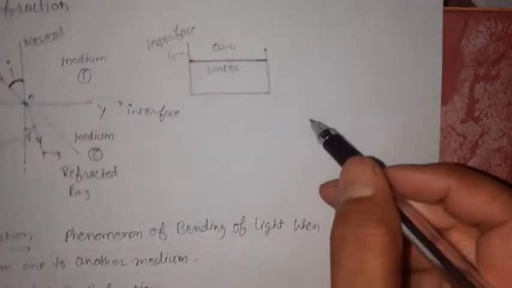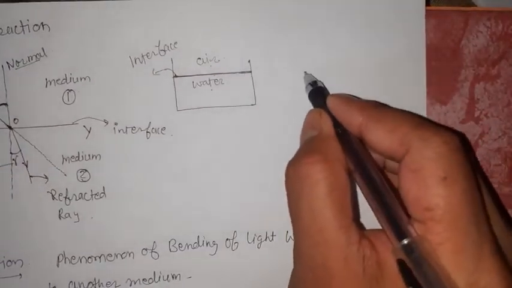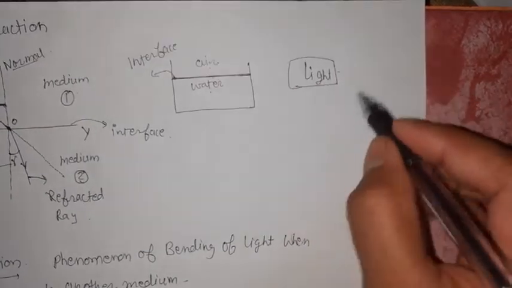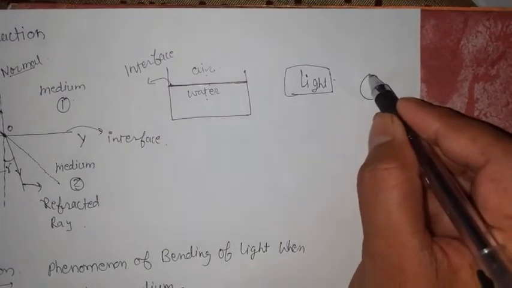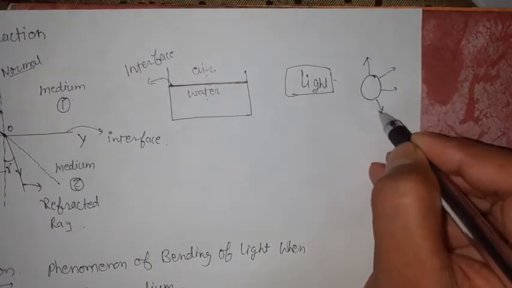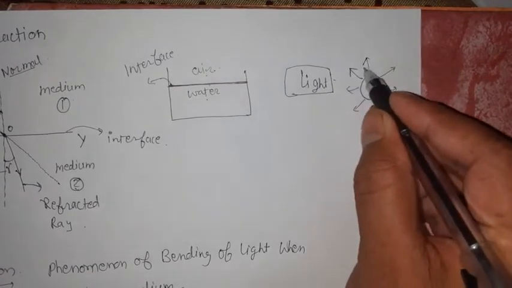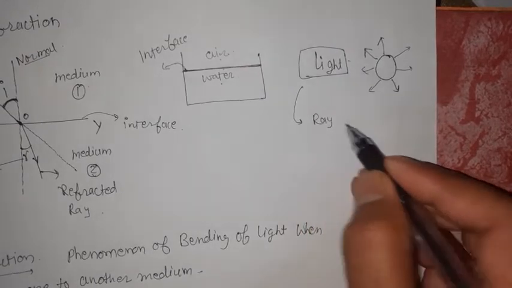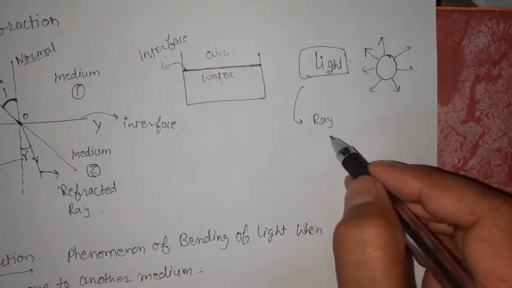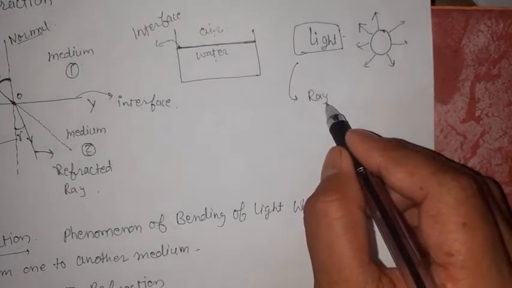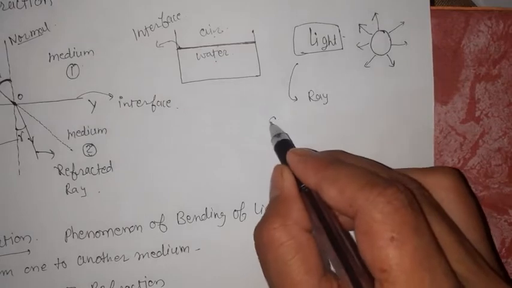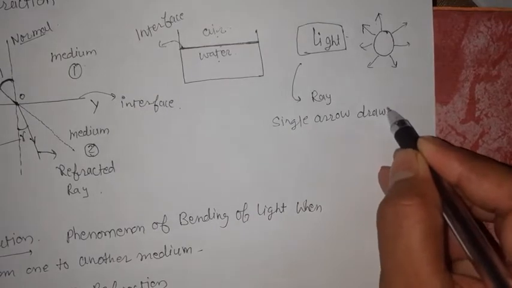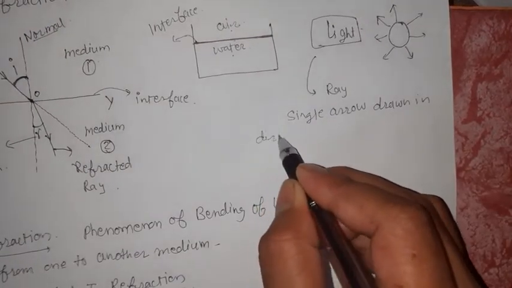And one more thing, student: how do we represent light? As we know, the light which is coming from the sun, how will you show this light? It is important to note it down. This light is represented with the help of a ray. Remember that. And that ray is drawn as a single arrow in the direction of light.